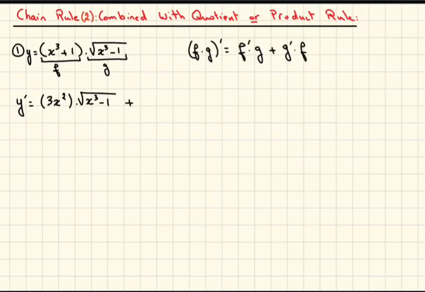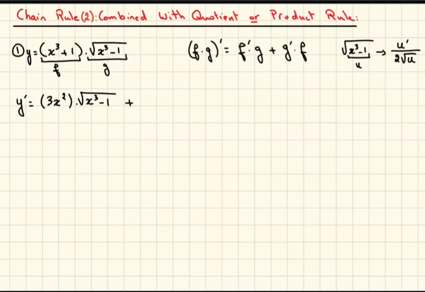The other part, I need to do the derivative of g, which is the radical x cubed minus 1. Now, if I look at it on the side, it's always better to do this on the side. So it looks like radical of u, and we know the derivative of this will become u prime over 2 radical of u. This is the rule I said in the previous video.